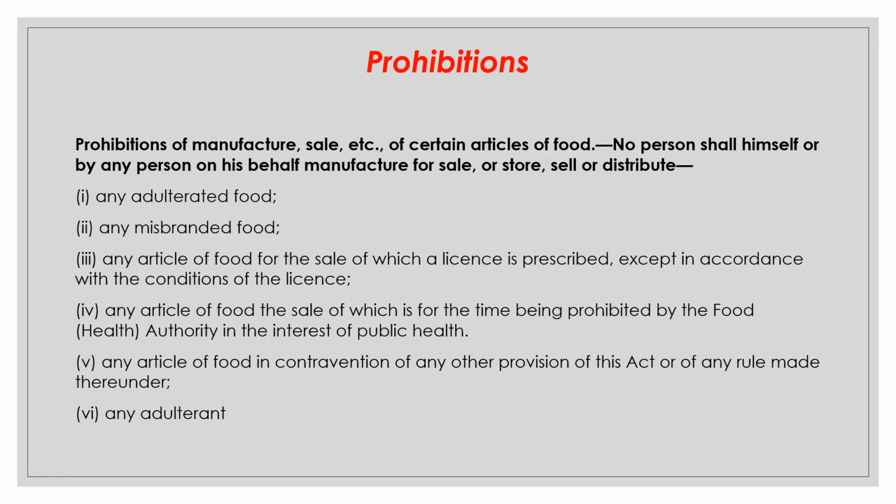Okay, but again it got license and started producing it. So if any such food article is prohibited, then the manufacturing must be stopped. Any article of food in contravention of any other provision of the Act or any rule made under the Act, and any adulterant. No one is supposed to produce any adulterant. Okay, so that definition of adulterant I have given in the previous slides.